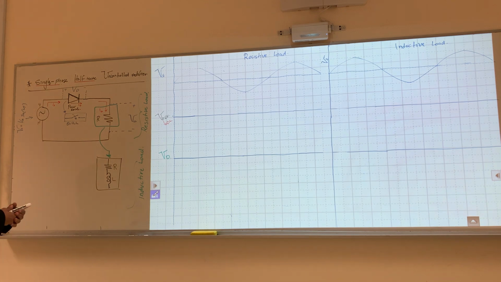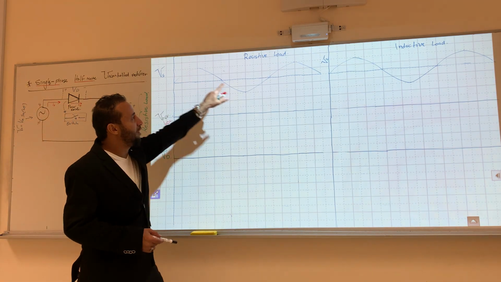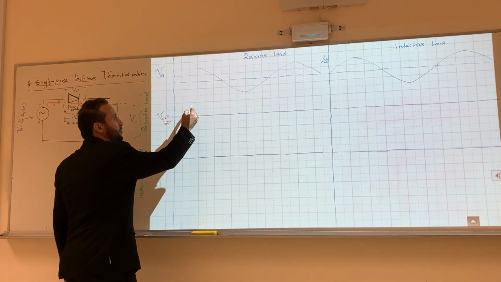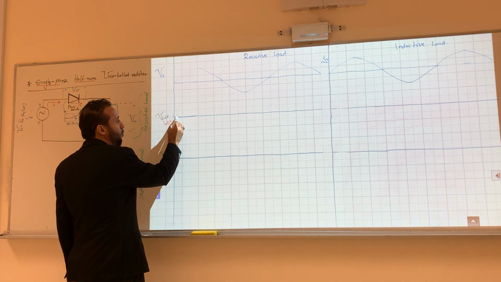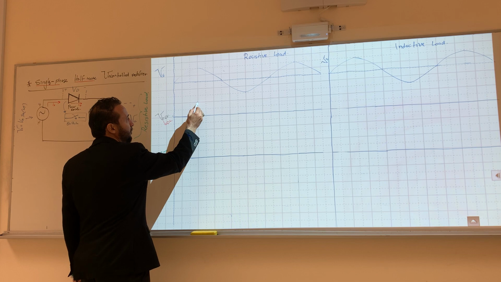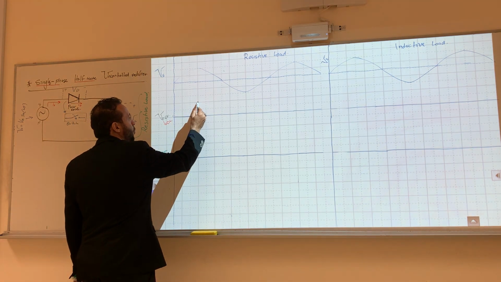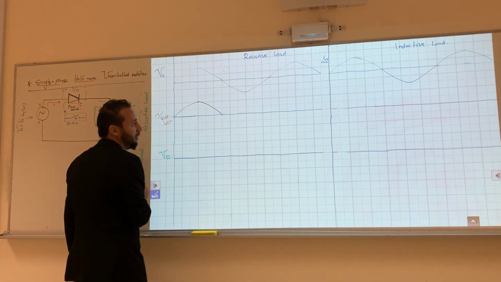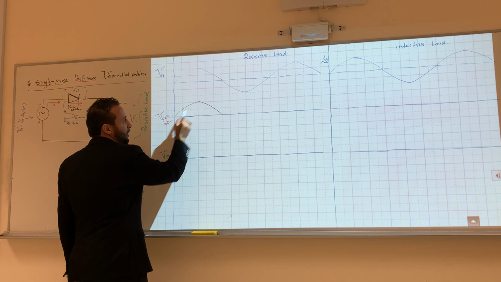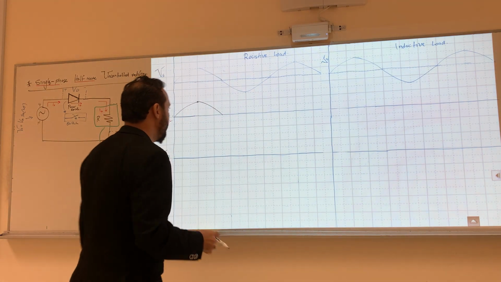Let's see what will happen here. It's half-wave, which means that I will see only the positive. That's the way if you want to draw it neat and nice: you count 1, 2, 3, put the peak, start from the peak point, and then from your peak you go back to 0, and then you go to 180, 1, 2, 3. So you start all the time from your peak if you want a good drawing.